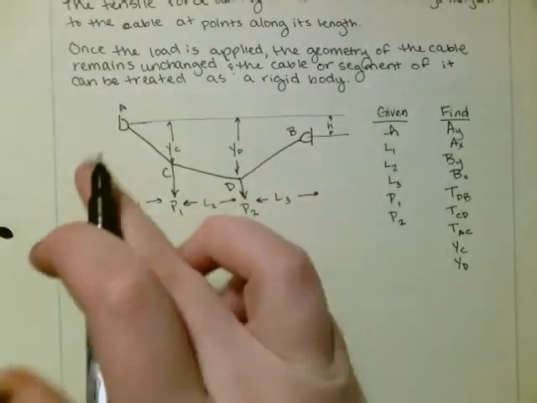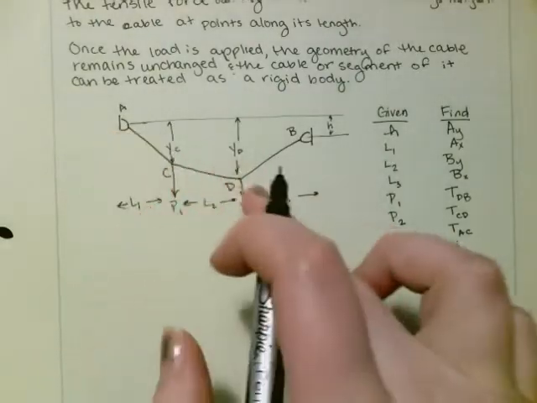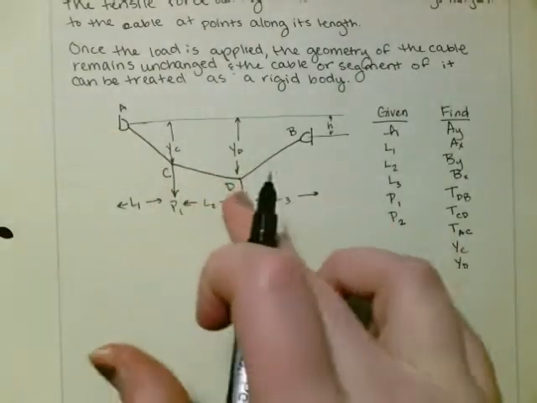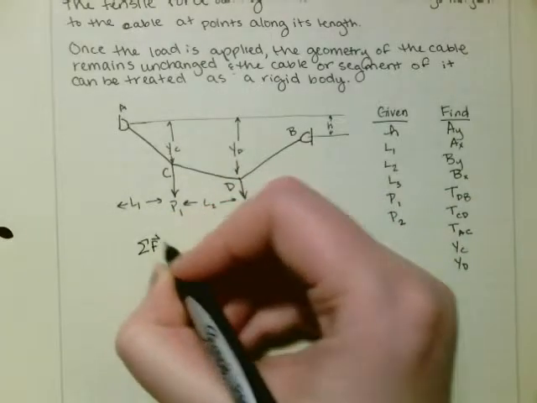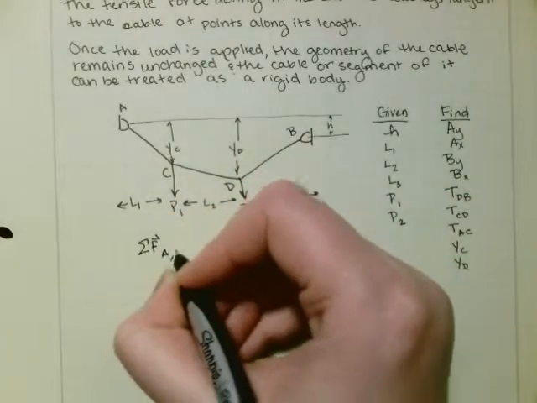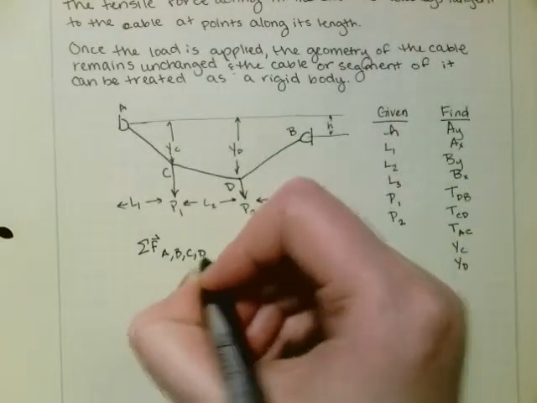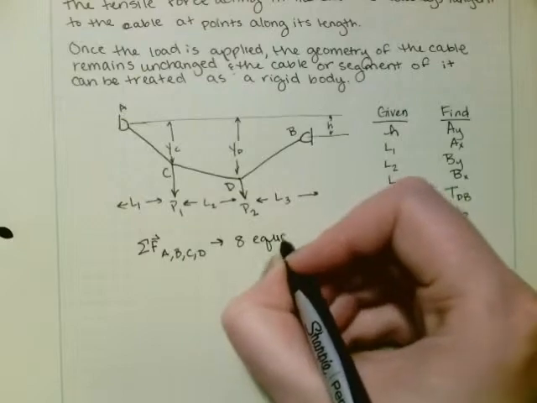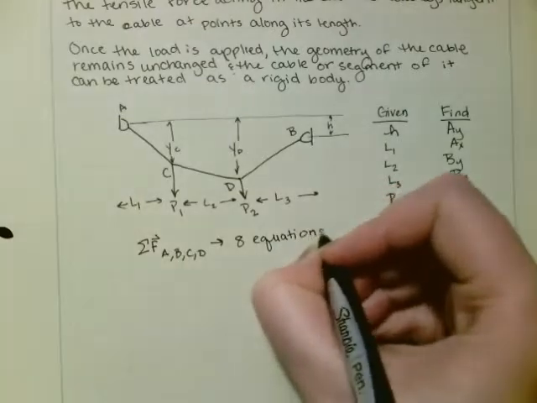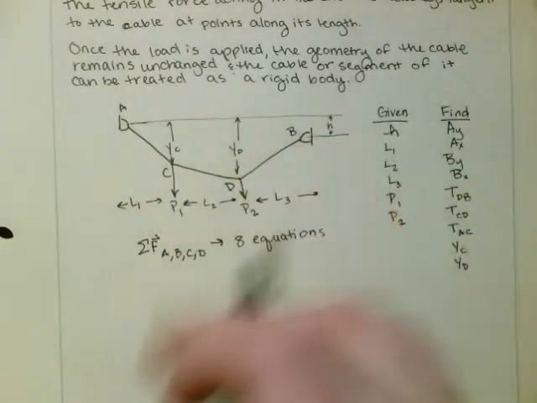So if we were to look at each of the points A, C, D, and B and sum the forces for each of those points, we would have a total of 8 equations. Sum the forces in the X and Y direction at each of these points.